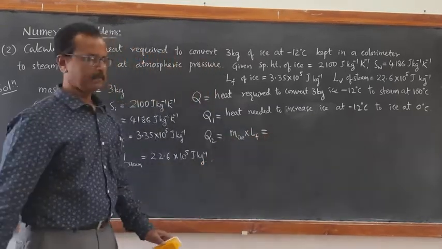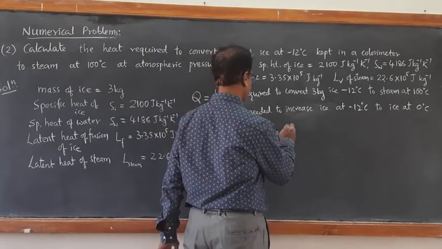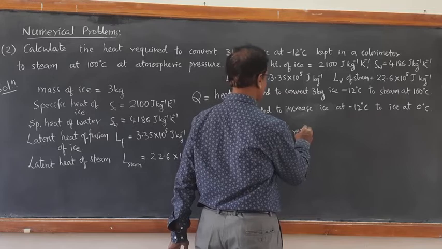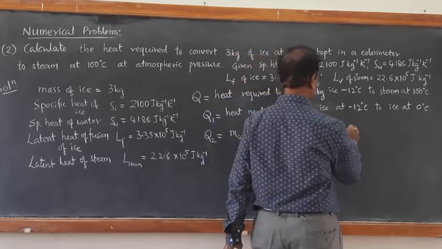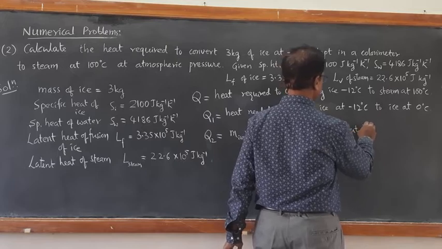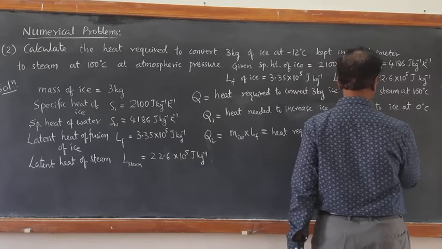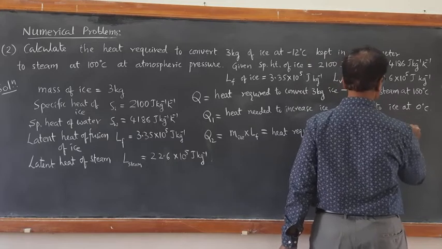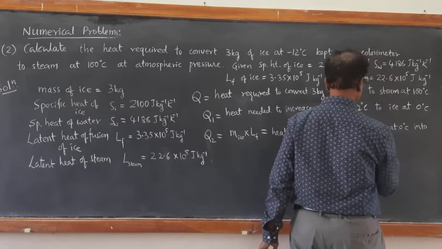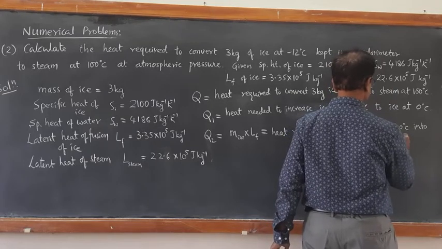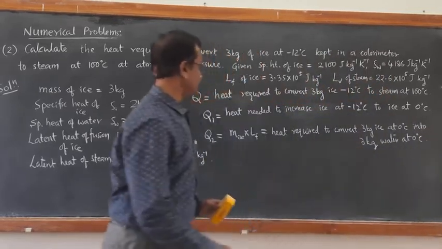That's what we will write as the heat required to convert 3 kg ice at 0 degrees Celsius into 3 kg water at 0 degrees Celsius. Understand the point here.